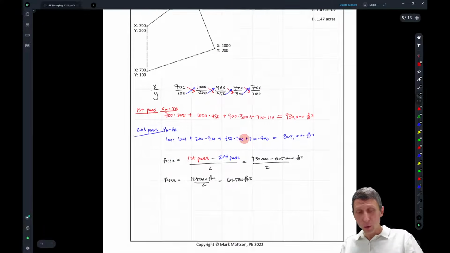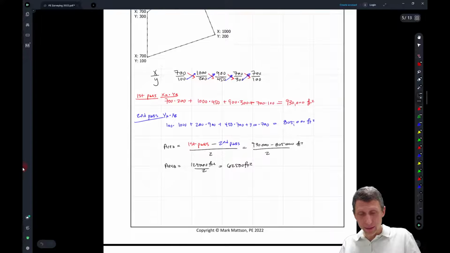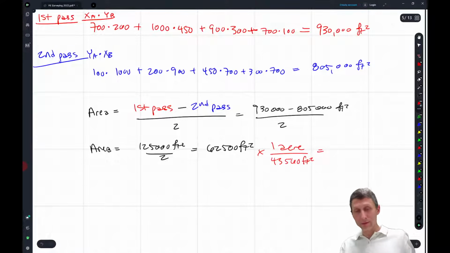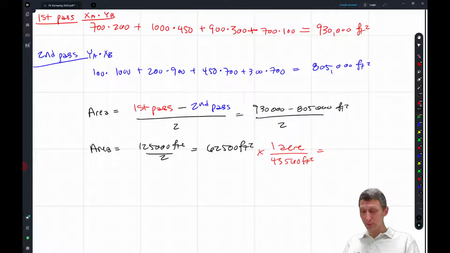So we're going to multiply this value now times, for every 1 acre, we have 43,560 square feet. And we're basically just going to divide by 43,560, and if I can type it in right, that'll be 100% helpful.